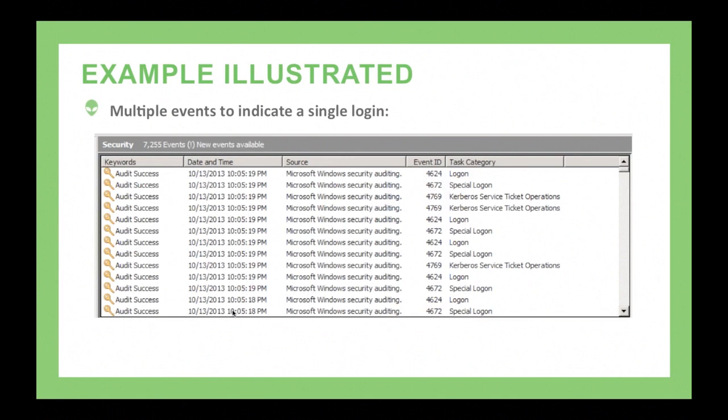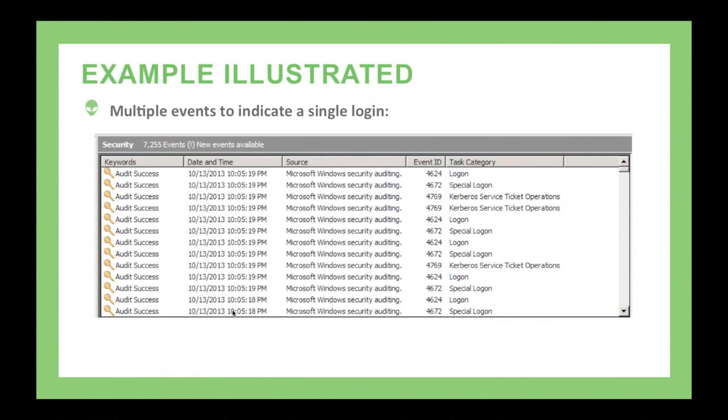It's usually about 4. It can be more in a lot of cases. And so that's literally 4 times the data than what we actually need to collect. The activity that we're actually interested in is, hey, when somebody logs on, that's what I need to know. I don't need 4 separate events indicating that there was a Kerberos service ticket operation. That's excessive detail.